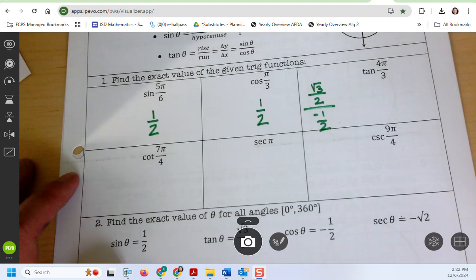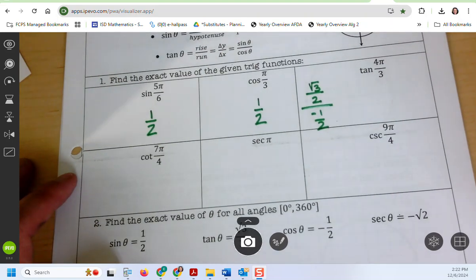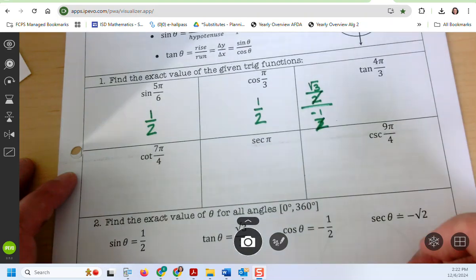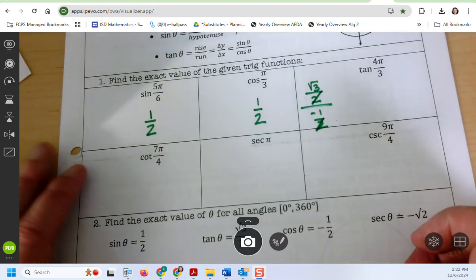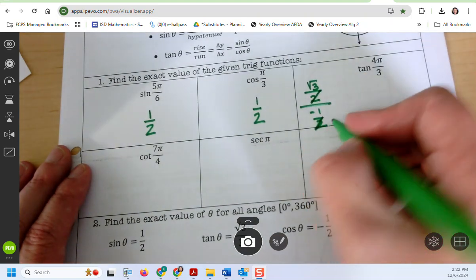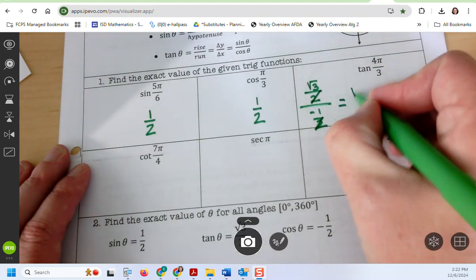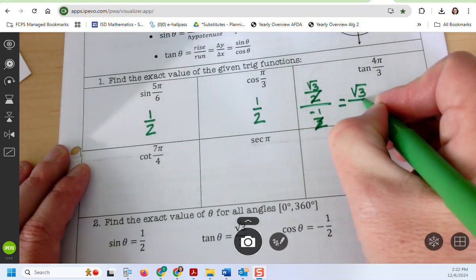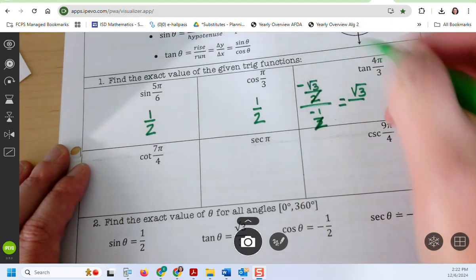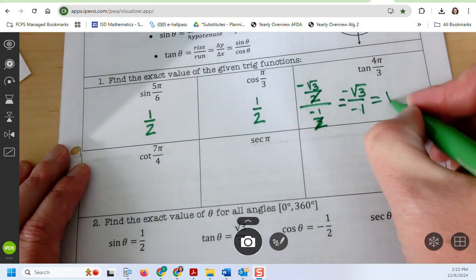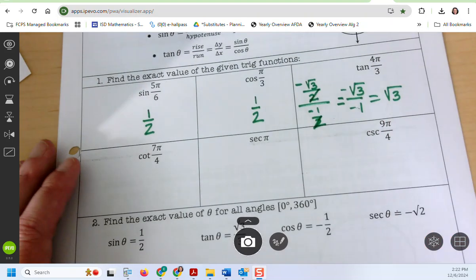But I'm also okay with you seeing they're both over 2, and so you can just cancel those 2's out. If you want to show the mathematics step, though, you can do times 2 times 2, and that will also cancel those out. So now I'm at root 3 over, they're both negative. Okay, so negative root 3 over negative 1, and then my negatives cancel out, and I just get root 3.